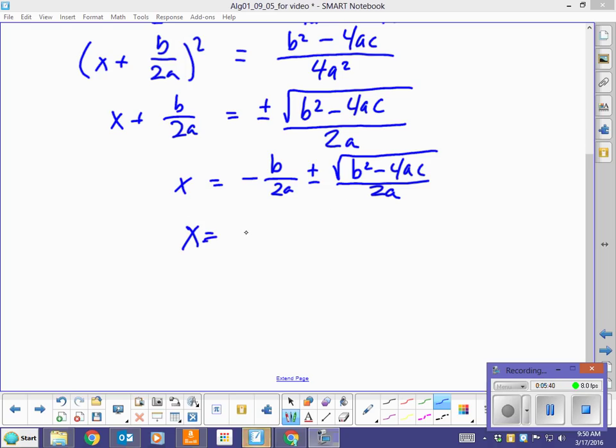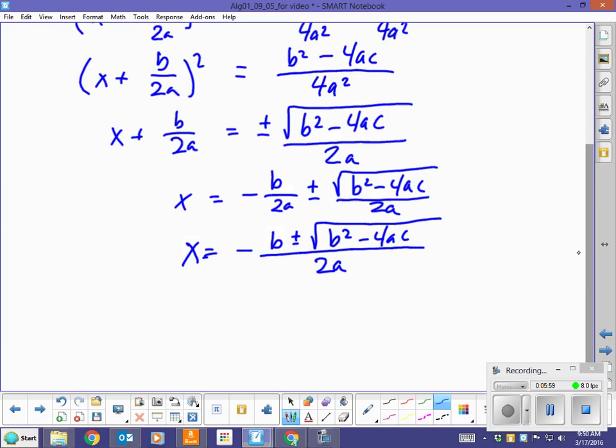So x equals the opposite of b plus or minus the square root of b squared minus 4ac all over 2a.